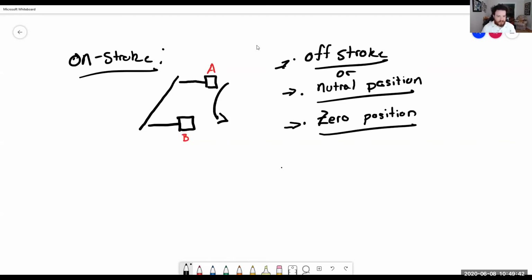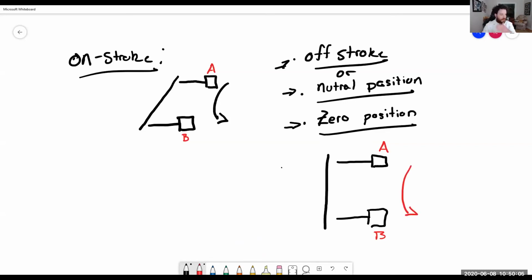So all of these can mean the same thing, and everything that you talk about with that pump is going to be referencing that tilt box. Again, what we're seeing here is that from piston A to piston B, it's still going to be rotating, and as it rotates, you're not going to have any movement of those pistons.